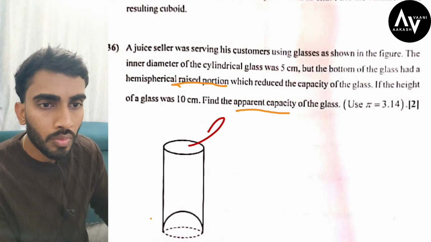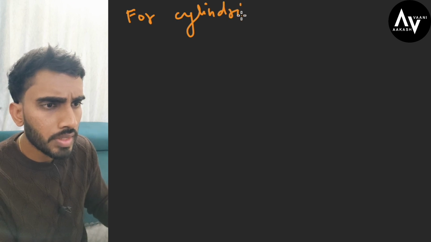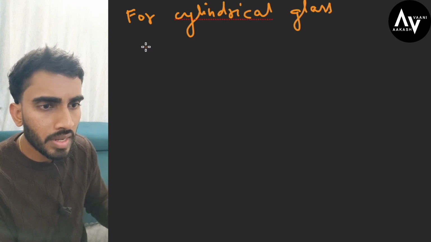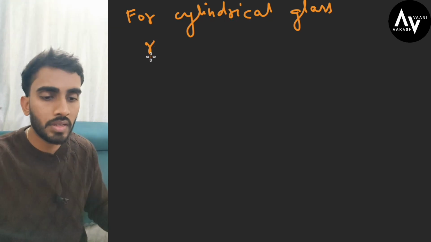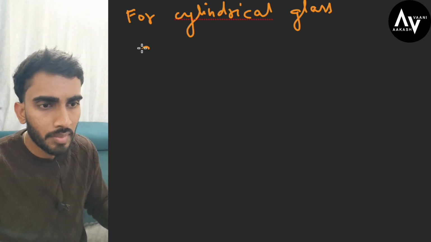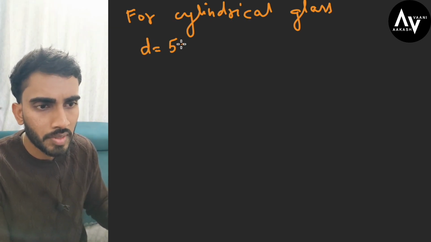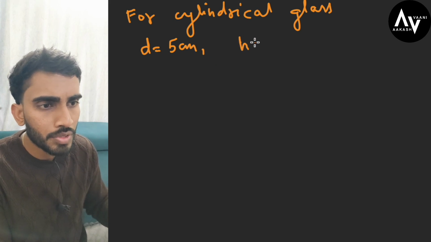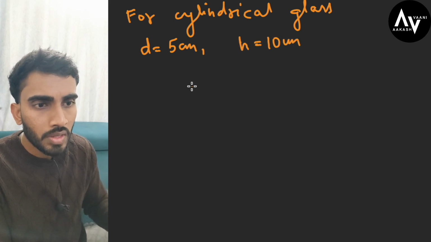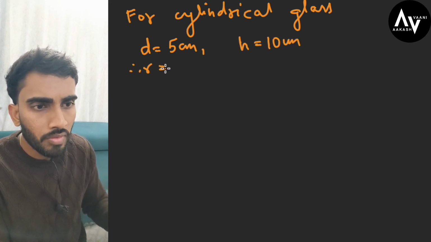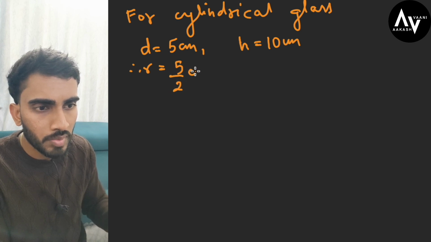So we'll write here that for this cylindrical glass, we are having not r, but the diameter. Diameter is equal to 5 centimeter and height is equal to 10 centimeter. So our radius will be 5 by 2 centimeter.